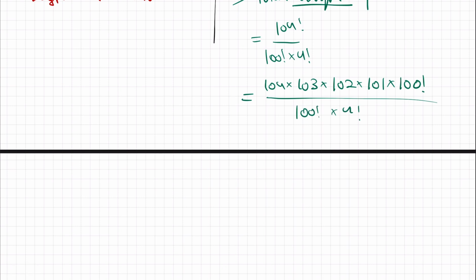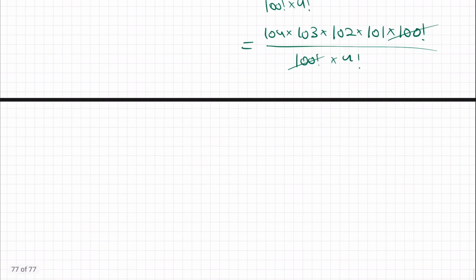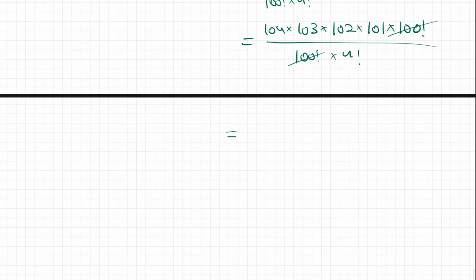These two are going to cancel, which simply leaves us with this sum, 104 times 103 times 102 times 101 over 4 factorial.